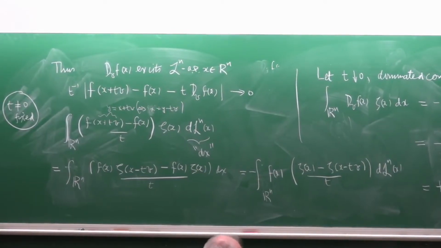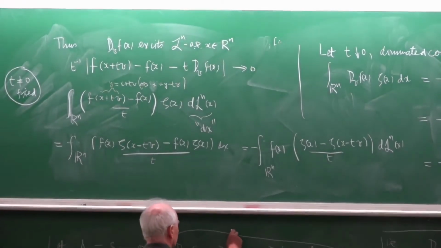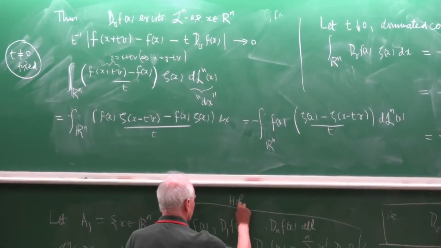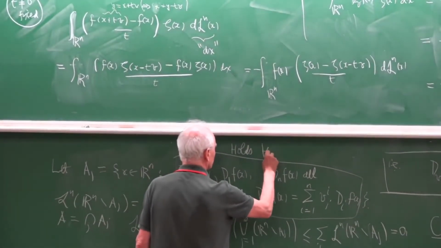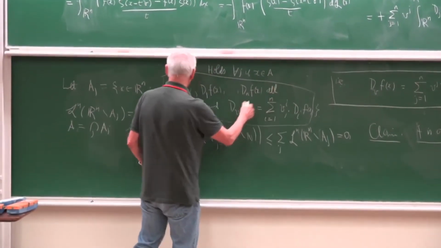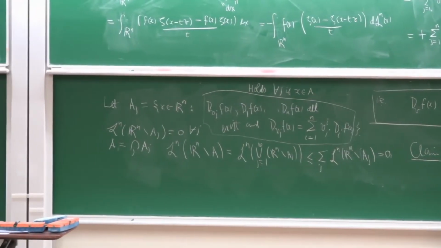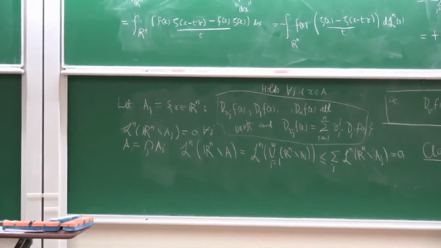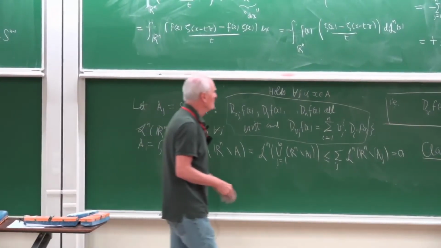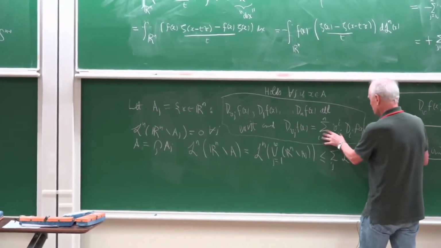This holds for every j if x is in A, because A was defined to be the intersection of all these sets. So we can freely use that identity for every j. Now let's observe what this means.